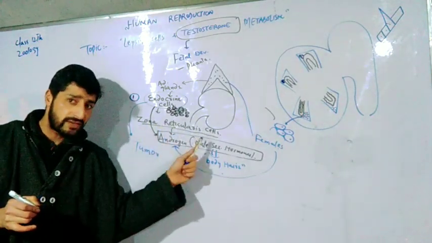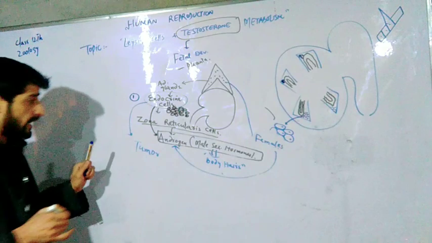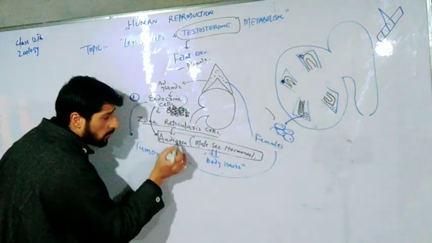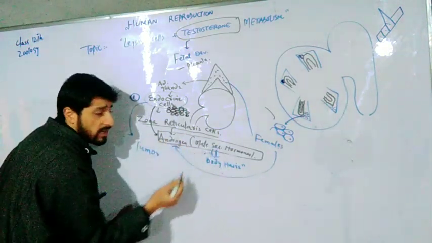If the number of zona reticularis cells increases, more and more androgen, more and more male sex hormone, will be produced.